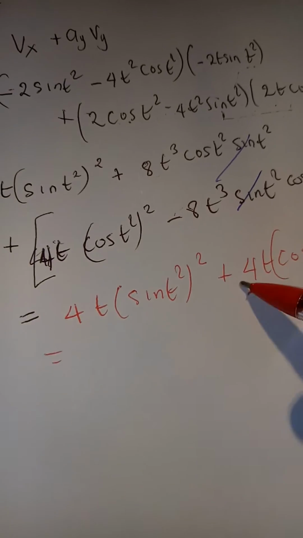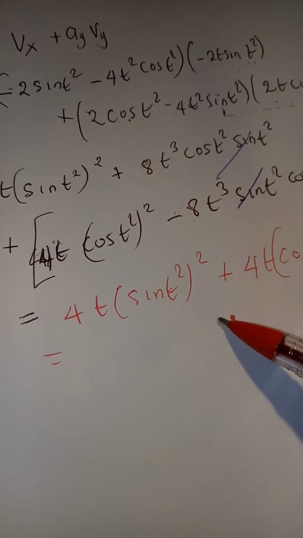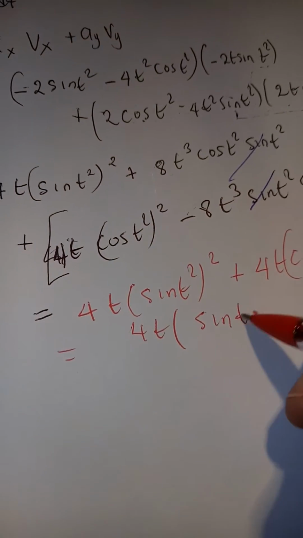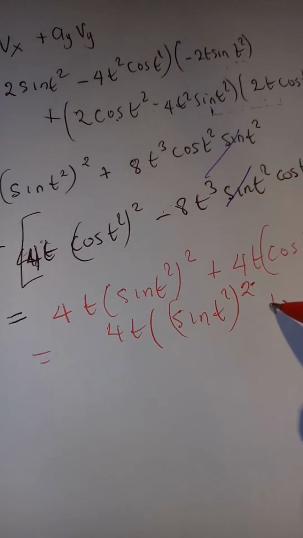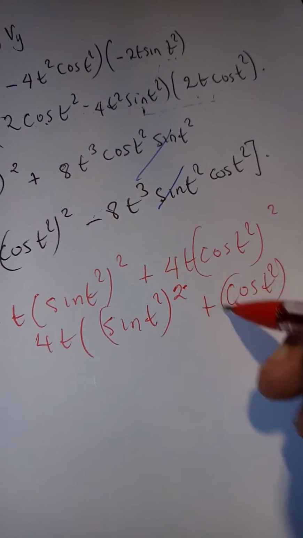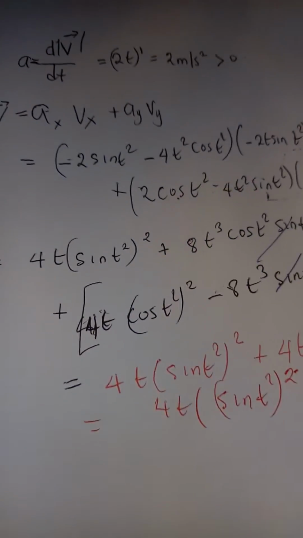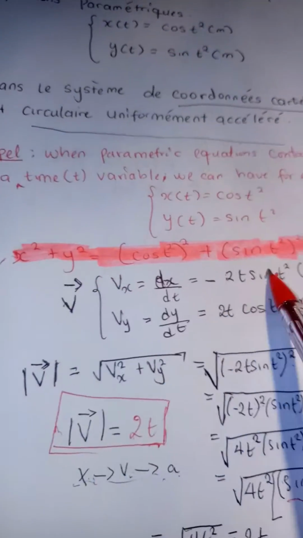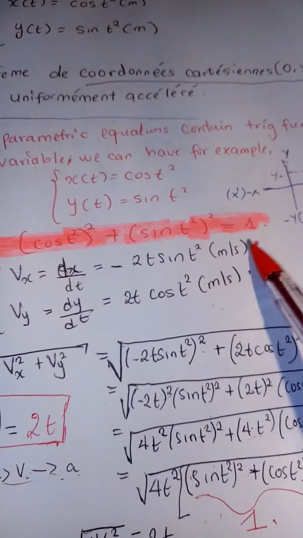And I can factor out the 4t because we have it in both places in the addition. So we'll be left with 4t bracket sinus t square plus cosinus t square. Remember from the beginning, even right from the rappel, that's why I had to highlight this. We are seeing this again for the second time.